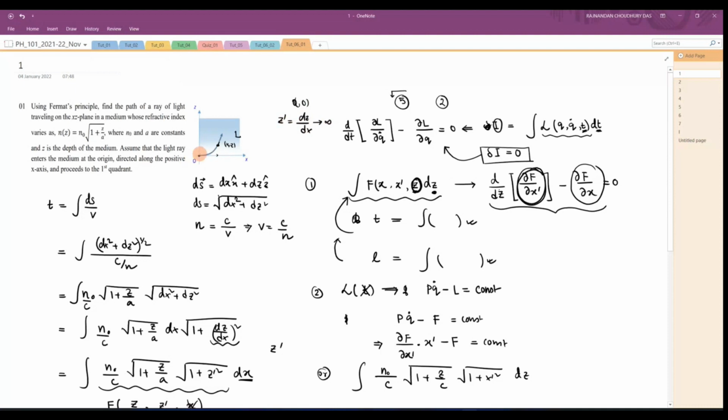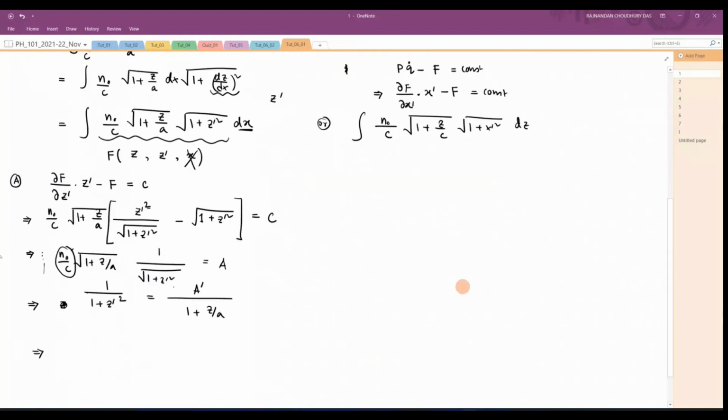At this point the slope was 0, that means dx by dz was 0, dz by dx was 0, sorry. At this point the tangent was like this, that means z prime is 0. Let me verify once. Yeah.